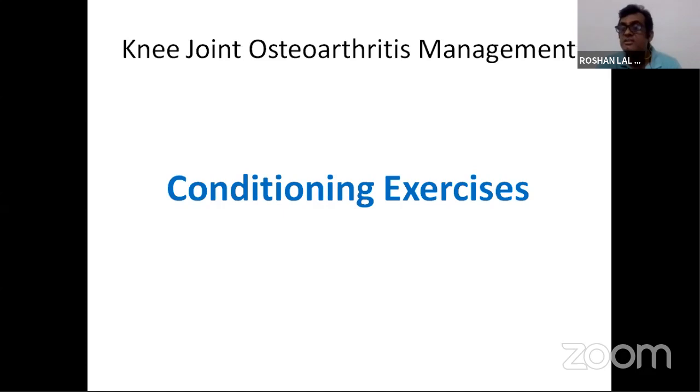These conditioning exercises are basically advised to maintain the functions, range of motion, and activities of daily living gained during the rehabilitation. So it should not be that we have achieved this much, and if we don't go for conditioning exercises, after 1 month or 2 months, the patient will come with the previous stage, with the pain and difficulty in walking. So we condition the patient for the activities of daily living, or whatever he does in the office.